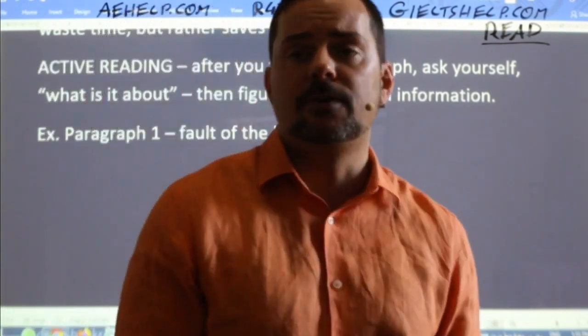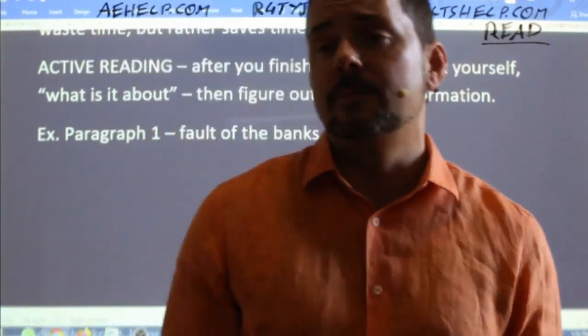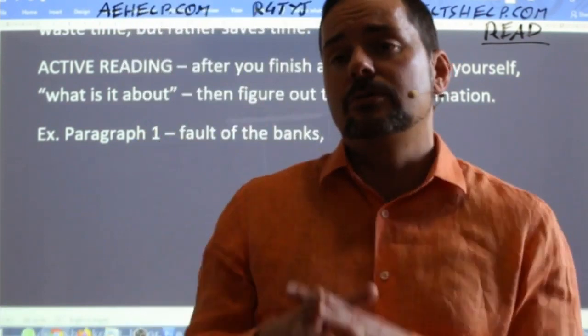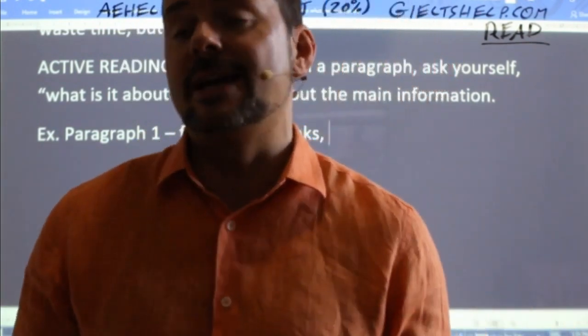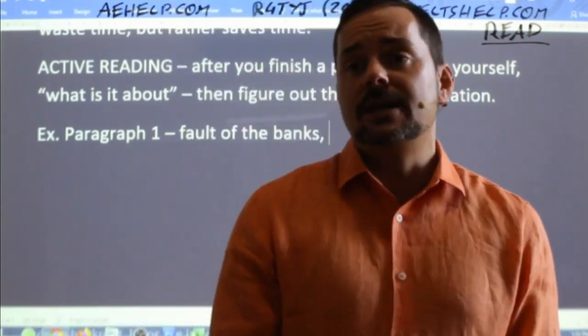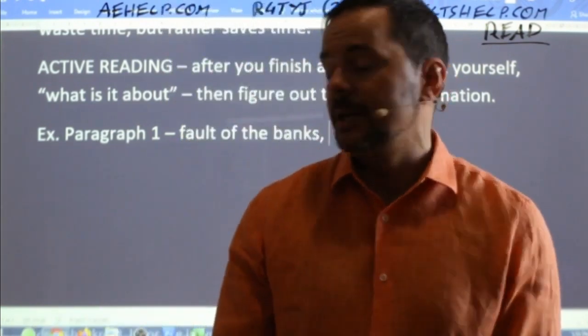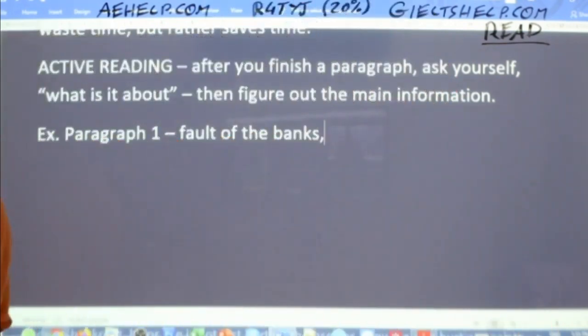Yeah, Tito, so it's fault of the banks. Is it the fault of anybody else? So this introductory paragraph kind of lays out whose fault the American economic crisis is. One of the entities it lays out is the banks. It says, so the banks were lending money carelessly, right? Fault of banks, lending money carelessly.